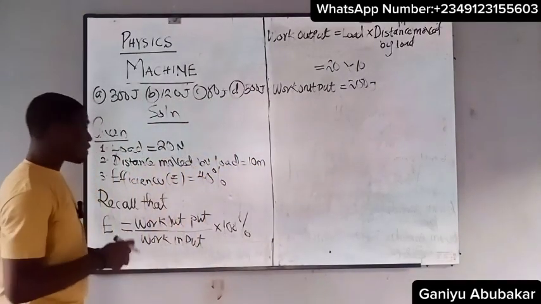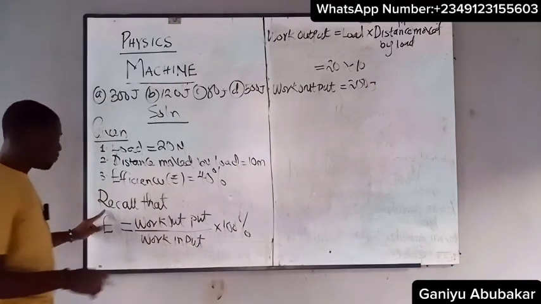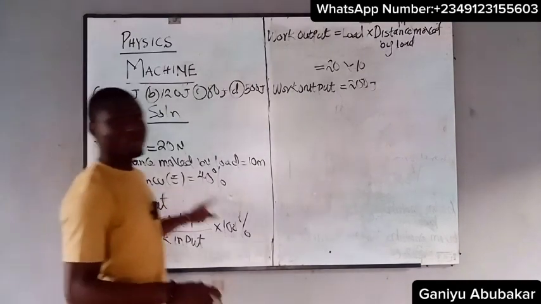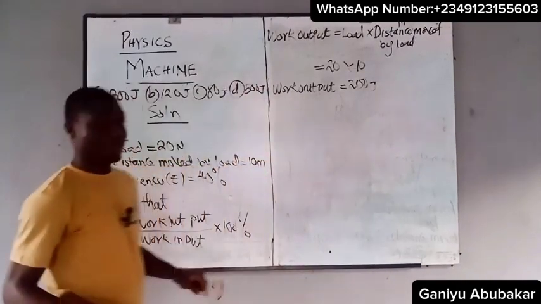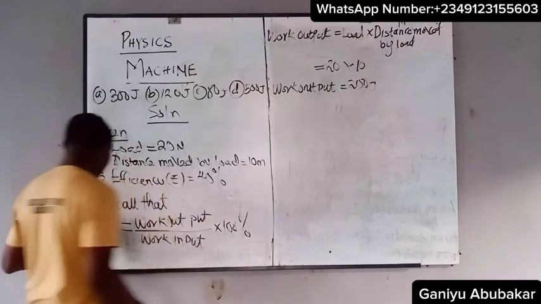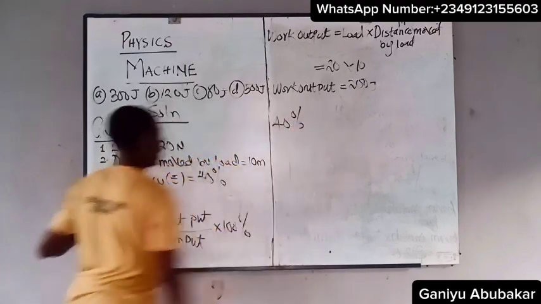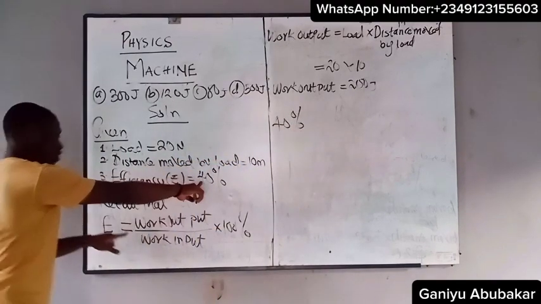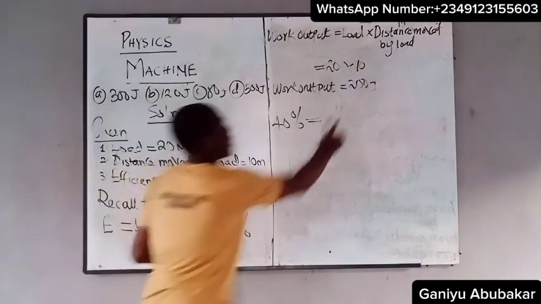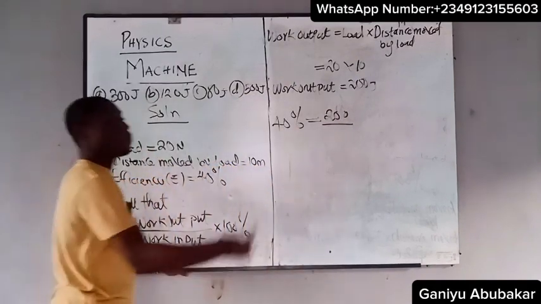So at this point now, I can easily get my work input, because I'm given efficiency. Efficiency is 40%. So efficiency E, that's 40%, is equal to work output, which is 200, all over work input that I'm looking for.